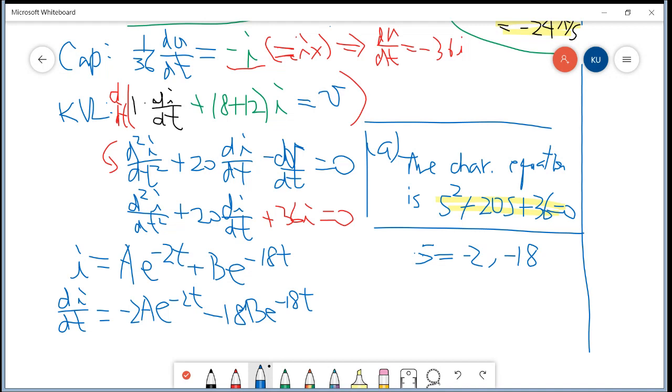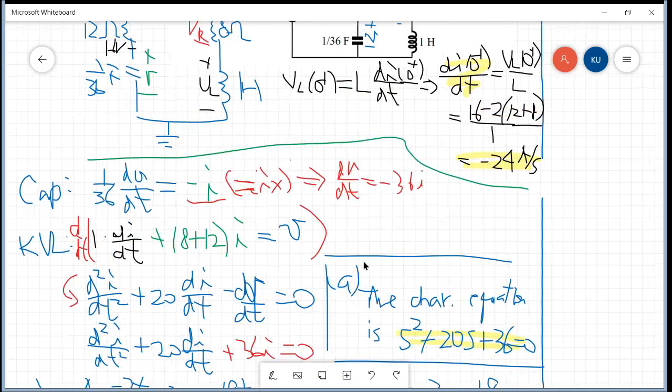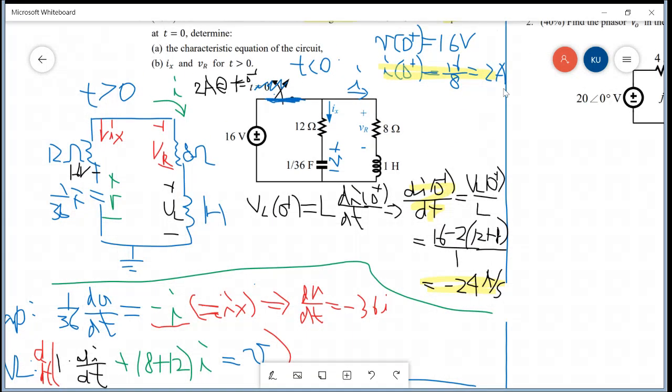And then we substitute t equals to 0 plus. So we will have I(0+) is a plus b.